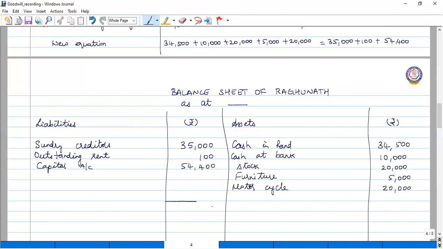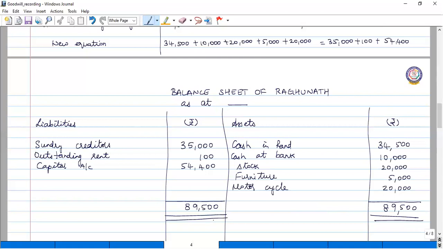Okay, so just total 89,500. And here if we total this side, so here also we are getting the same amount, so it is balanced.